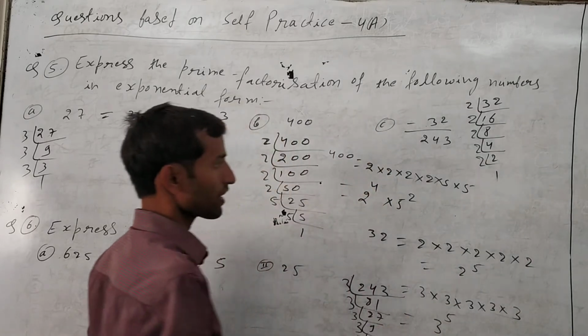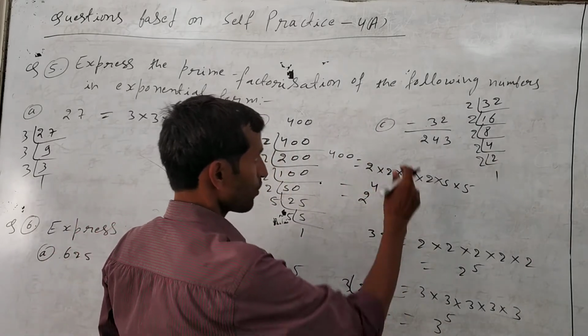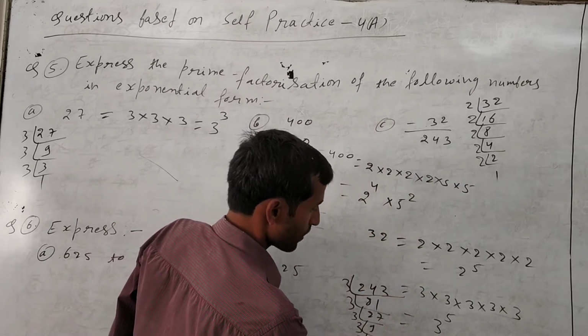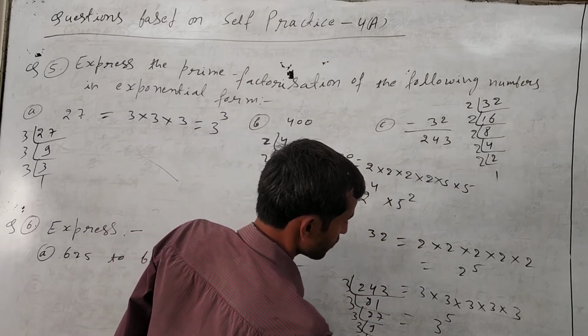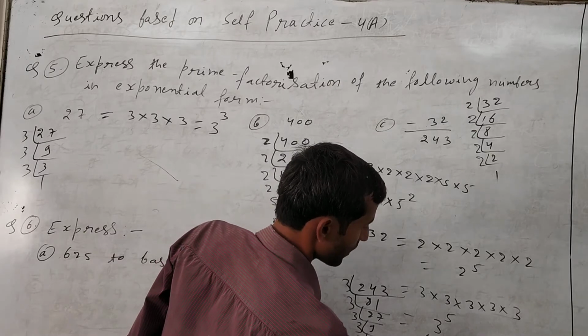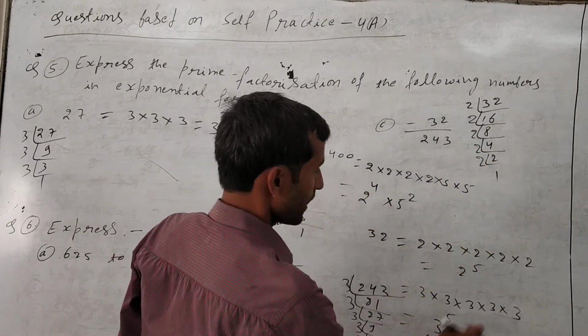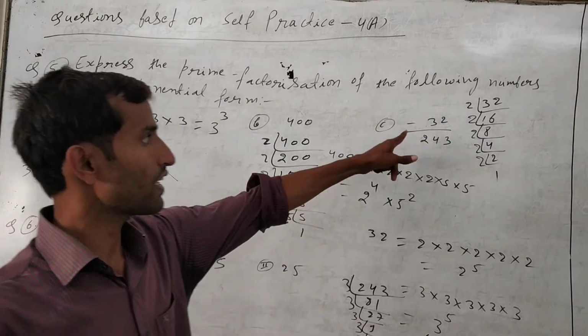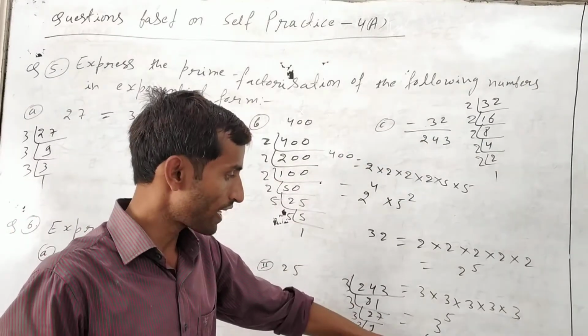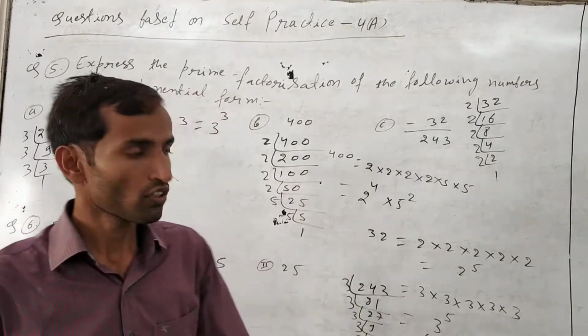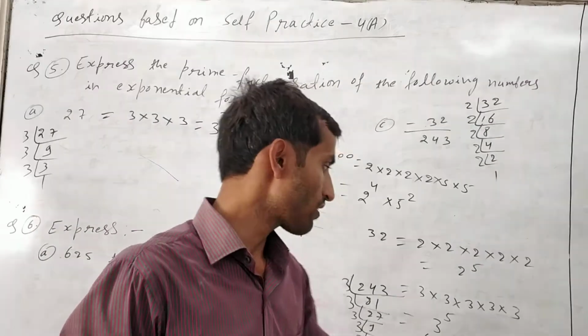So the final answer for minus 32 upon 243 is minus 2 upon 3 whole power 5. Because there is power 5 on both and minus is there, we take minus inside only because odd power is there. It will come as minus only.